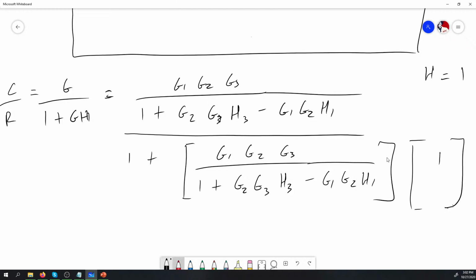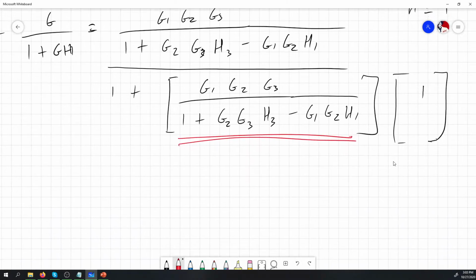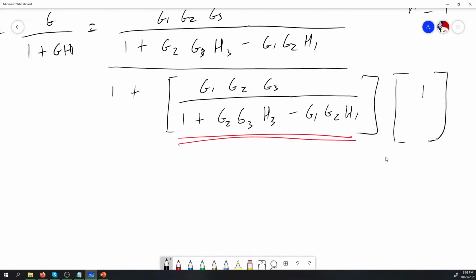Our common denominator here is this factor. So if we multiply that out accordingly by the numerator and denominator, C divided by R here is equal to G1, G2, G3, because this factor here cancels with this factor here, they're basically the same.